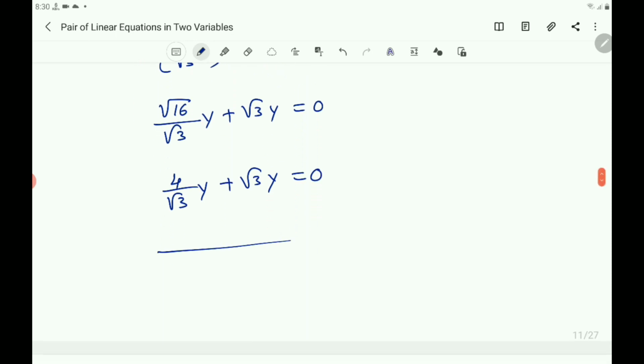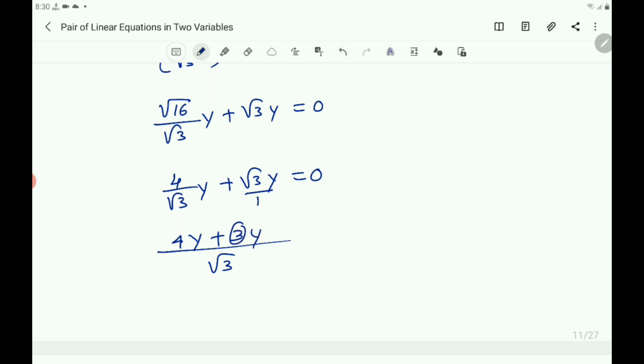And now you take the LCM. LCM is root 3 here. Here you consider by 1 is there. Root 3. And 4y you can write as it is, and 1 into root 3 is root 3. So root 3 into root 3 must write 3y.